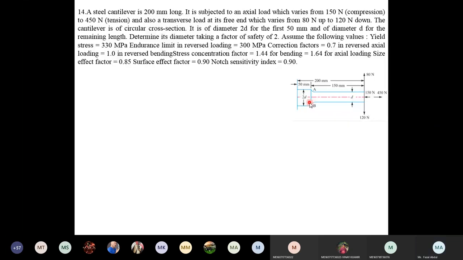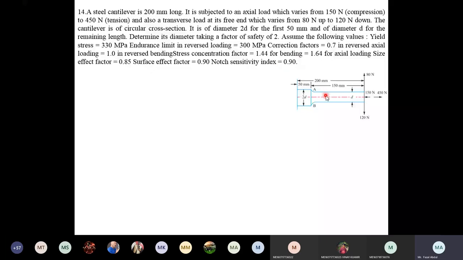Correction factor 0.7 for reverse axial loading and 1 for reverse bending. Stress concentration factor 1.44 for bending and 1.64 for axial load. Size factor 0.85, surface factor 0.9, and notch sensitivity index q is 0.9. All data is given, only asking to calculate the d value.